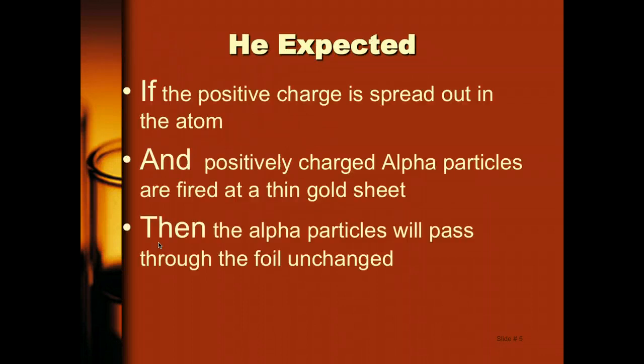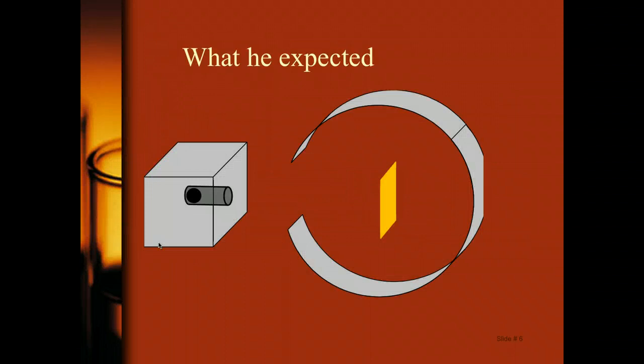So Rutherford expected that if the positive charges spread out throughout the atom and you fire positively charged alpha particles through it, then the alpha particles should pass straight through without any change. Okay, so here's what it would look like.